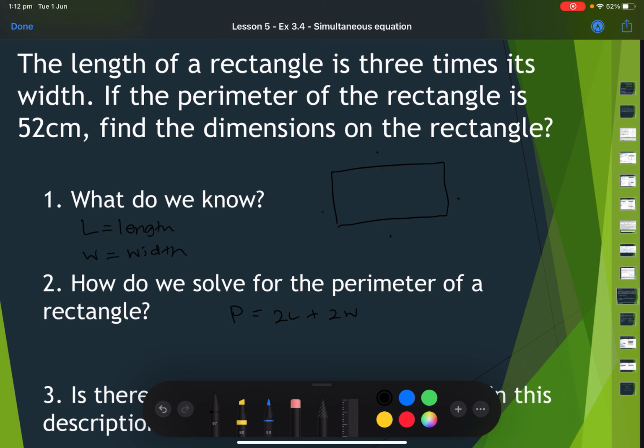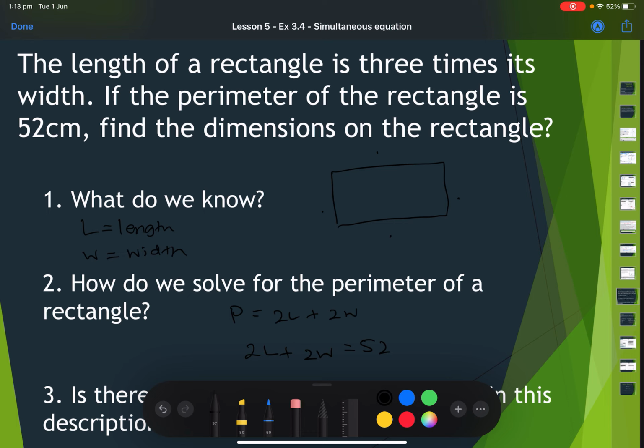So if we know that perimeter is 2L plus 2W, we would then be able to also say that if our perimeter is 52 centimeters, that 2L plus 2W equals 52, because we're just keeping it as an equation.